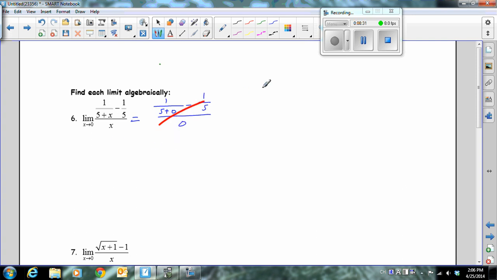So this is equal to 1/(5 plus x) minus 1/5, everything divided by x. I will find the common denominator and divide by x. The common denominator will be 5 times (5 plus x).